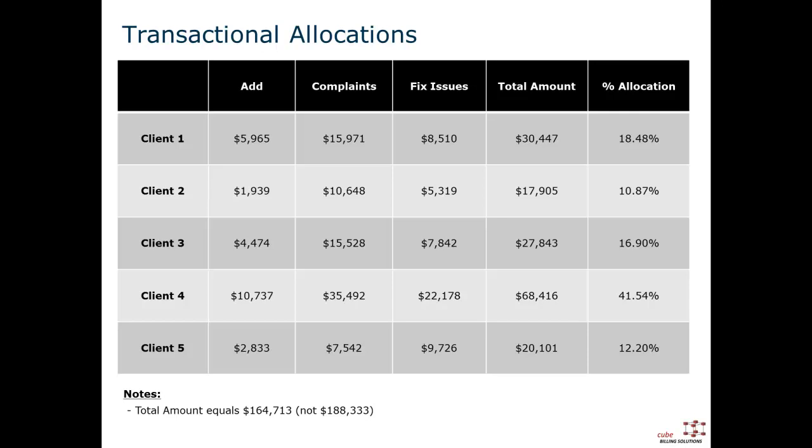The other thing to note is that the total amount on this equals $164,713. So the relief doesn't consume the entire $188,000 worth of cost from the contact center. And what that means is the contact center is probably staffing their employees at a rate that's too high.